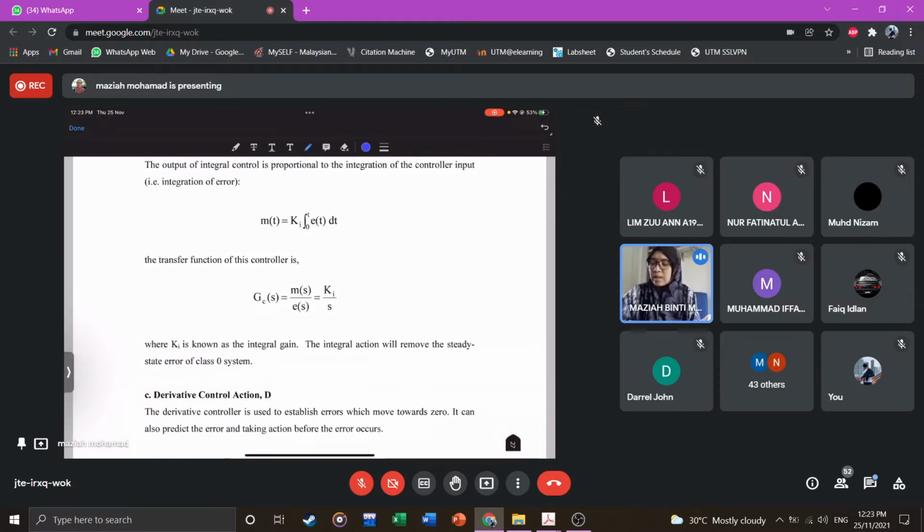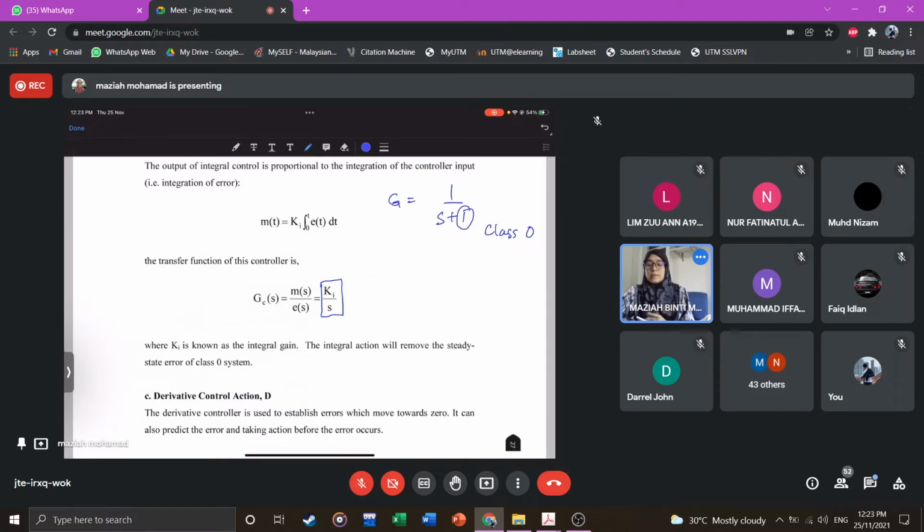The transfer function of the integral action is Ki over S. Let's say our system is 1 over (S plus 1). That is class 0, because the last term is a number. That is for the system without any controller. But now that we add a controller into the system, we need to multiply with the controller.